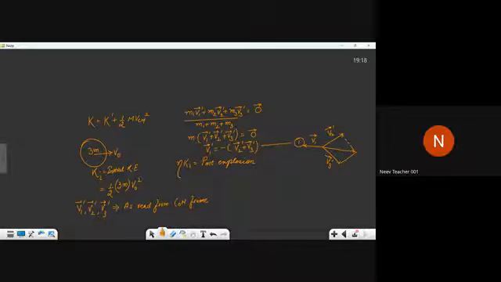Say yes or no? This gives you the relation for vectors. But my aim is to maximize speed. So if speed is to be maximized, then the angle between V2 prime and V3 prime should be 0. Agreed or not? Then we are to say V1 prime should be equal to V2 prime plus V3 prime in magnitude.